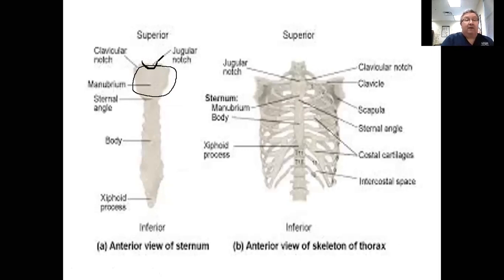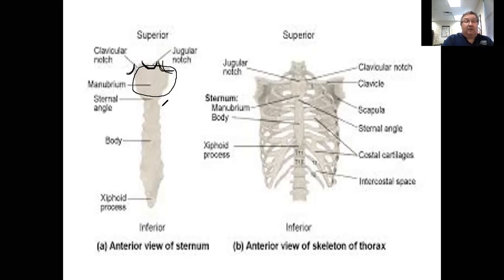It's at this jugular notch that we get protection. On both sides of the manubrium, there are clavicular notches that the clavicle attaches to. So on the manubrium, you have the jugular notch and the clavicular notches.